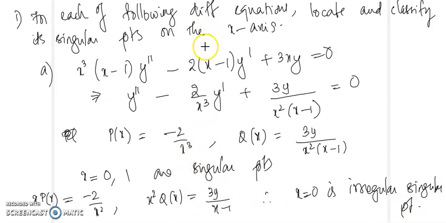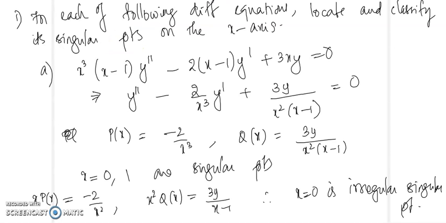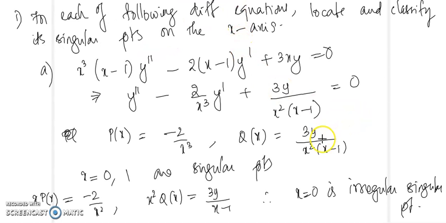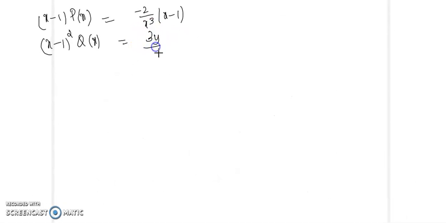Now we need to look at x equal to 1. So consider x minus 1 into p of x and x minus 1 whole squared into q of x. x minus 1 into p of x will be minus 2 by x cubed into x minus 1, and x minus 1 whole squared into q of x will be 3y by x squared into x minus 1.